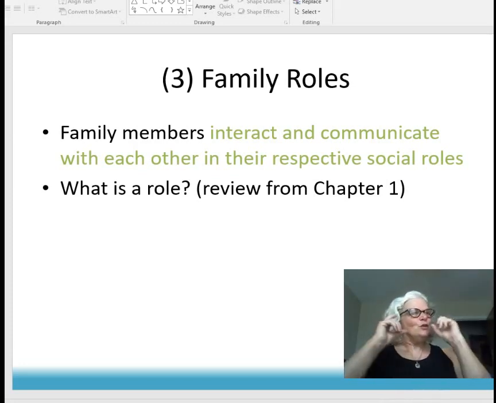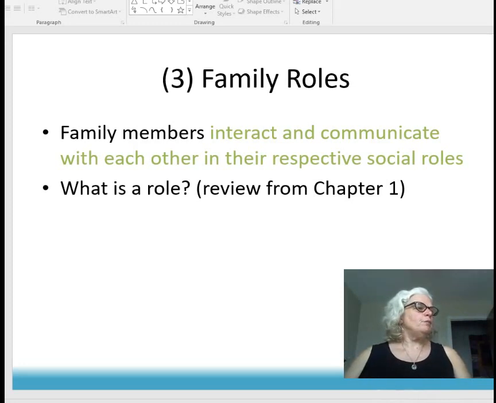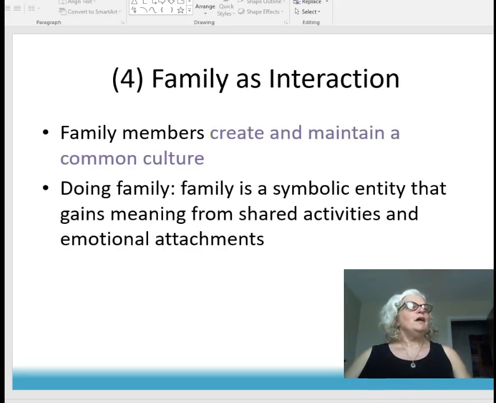And how often can you think about people who have played those family roles? Now, this ties greatly to the social interactionist approach, where family is an interaction, where family members create and maintain a common culture, and we do family together. We have those family get-togethers. We watch our children.